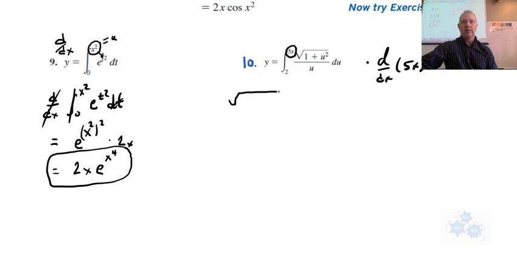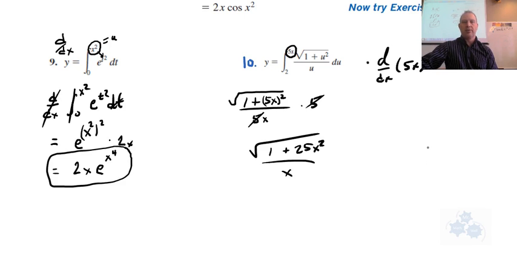We put in 1 plus 5x all squared over 5x, and we'll make sure we multiply by the derivative of 5x, which is 5. So the 5's cancel out, and you should be left with 1 plus 25x squared all over x. I think that's what you should end up with there.